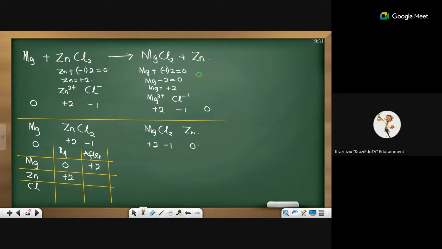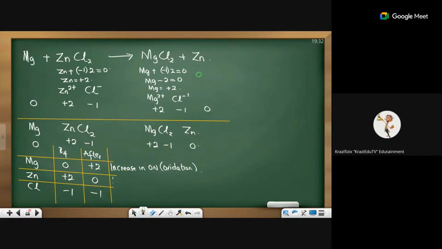Right-hand side, 0. Chlorine, right-hand side, -1. Okay, which one is increasing? Mg. So because there's an increase here, what do we talk about? Increase in oxidation. We're talking about what? Oxidation.